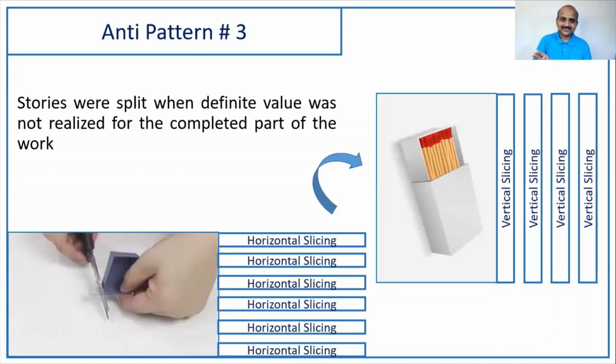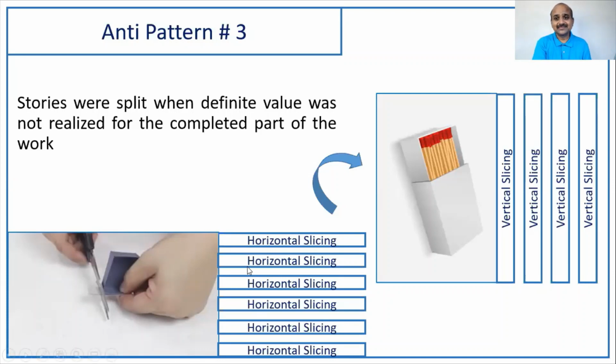You can't split it because there's no value built. Probably the technical tasks must have been completed, but not the story. You can't claim story points just because you have done something. Only when you show some value, at least you have met a certain part of the acceptance criteria and you're able to showcase it.